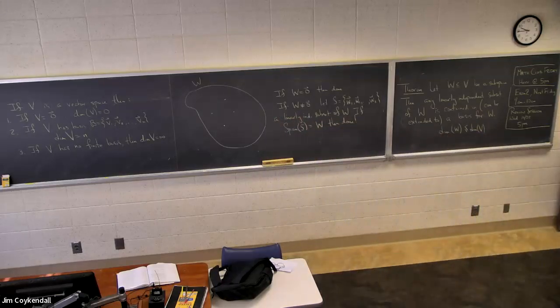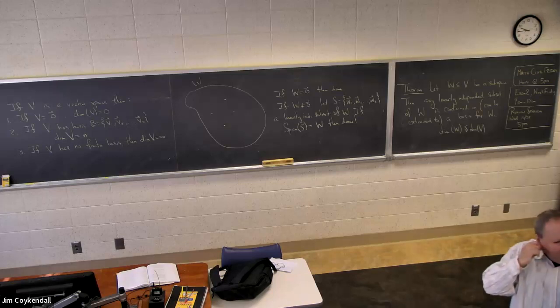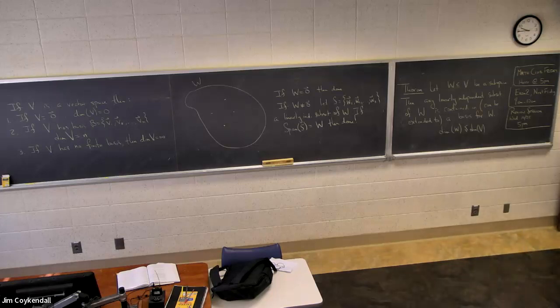It's linearly independent in W and it spans. What if not? That could be the only shortcoming of my linearly independent subset, that it doesn't span. What does it mean to not span W? It means there's something left over. Everybody agree with that? When I look at all the linear combinations of all the vectors in S, there's something in W left over. Agree?